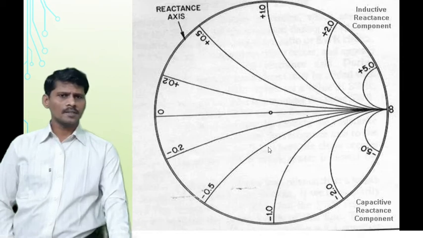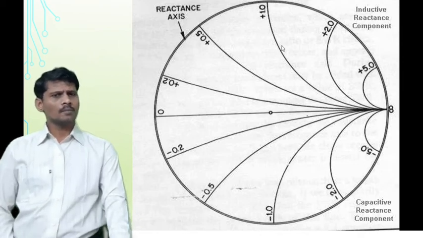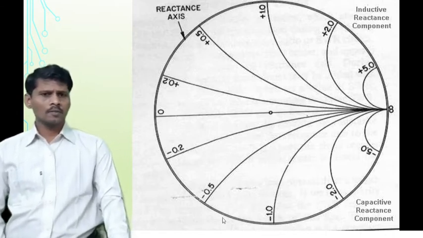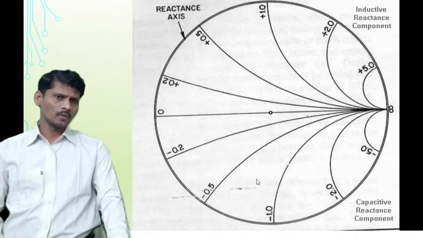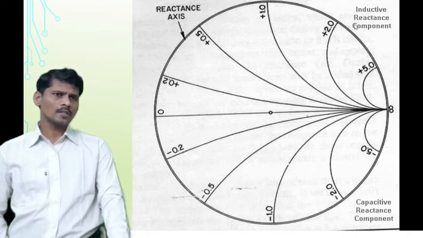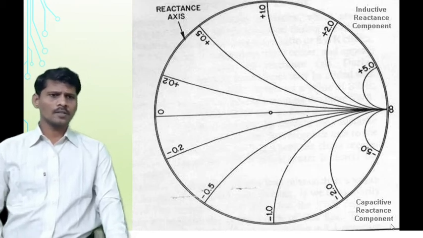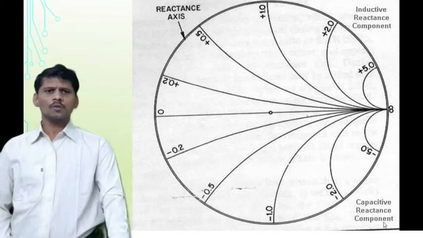This is the horizontal line. Above the horizontal line we get positive reactance values, and below it we have negative reactance values. The positive reactance values are the inductive reactance components and the negative reactance values are the capacitive reactance components.